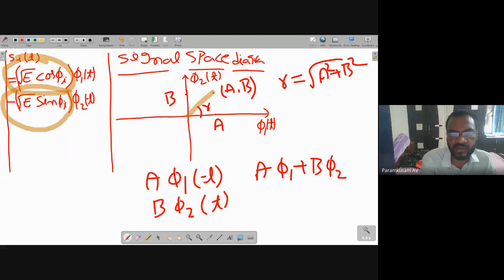A ఇంటూ φ1 అంటే ఇది, B ఇంటూ φ2 అంటే ఇది. A కామా B అంటే ఈ పాయింట్, దీని రేడియస్ √(a²+b²), దాని ఫేజ్ యాంగిల్ tan ఇన్వర్స్ ఆఫ్ b బై a.